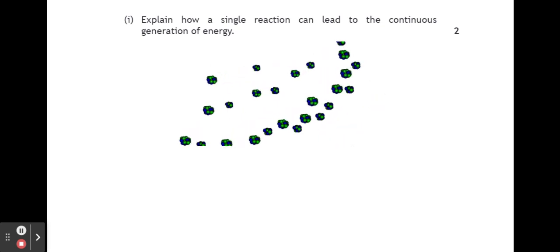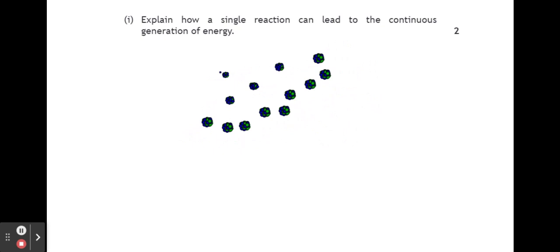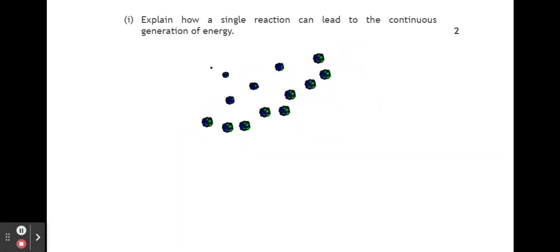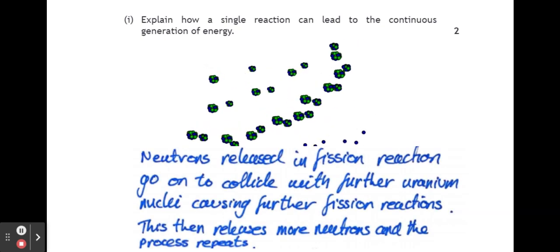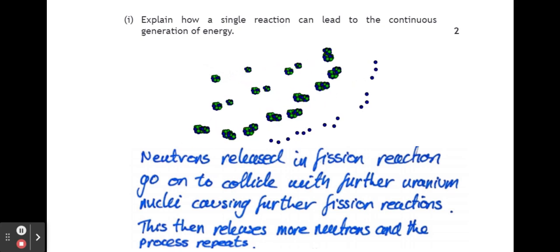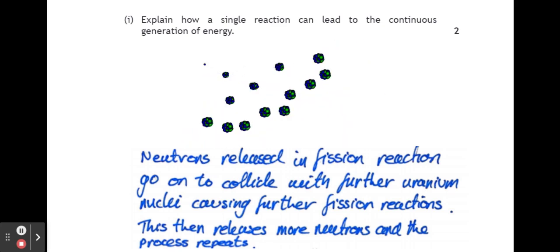And so the reaction spins outwards and continues to self-propel itself. So I would write: neutrons released in a fission reaction go on to collide with further uranium nuclei, causing further fission reactions. This then releases more neutrons and the process repeats.